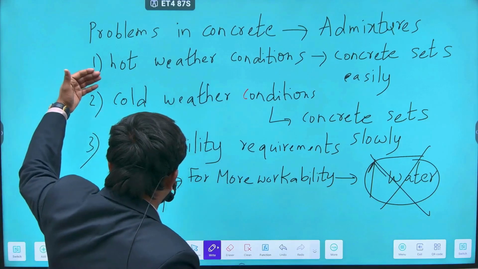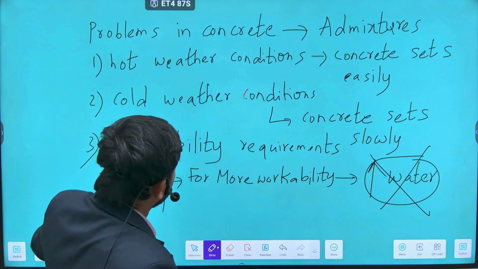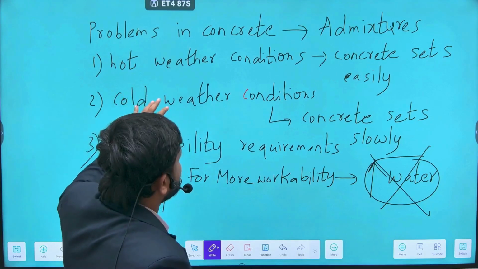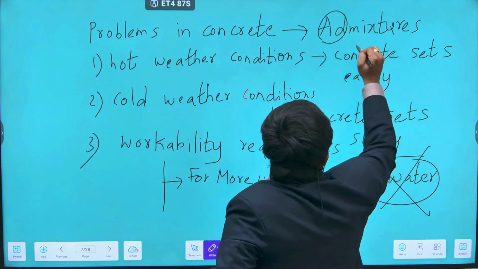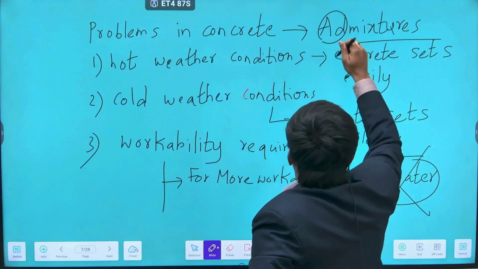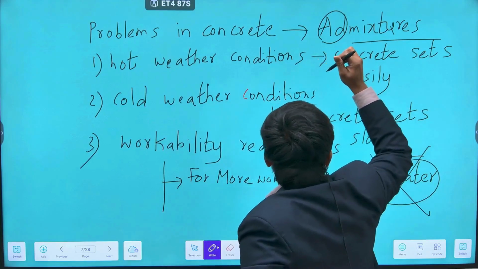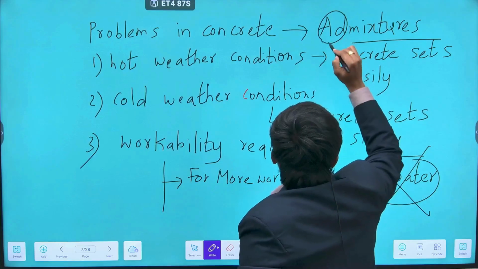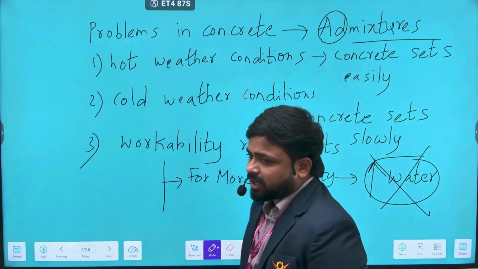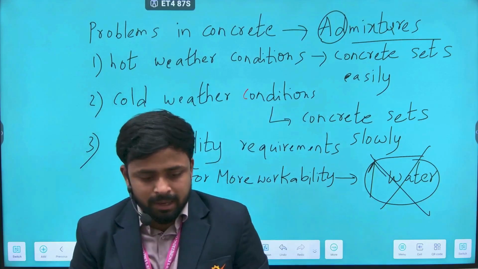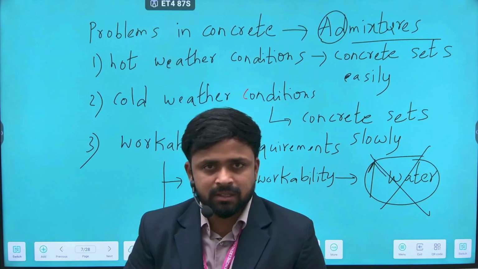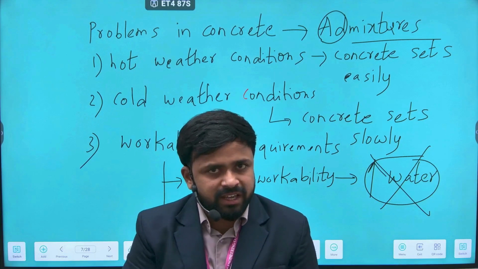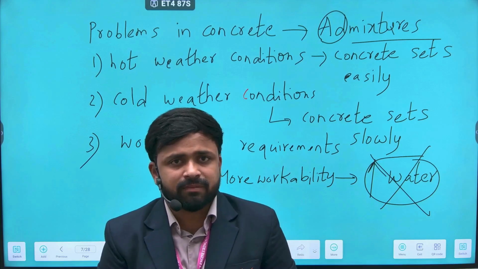So these are the three major problems, and these are the problems which lead us to require something addition to the mixture, one more agent. Why? Because we cannot change the basic ingredients. Basic ingredients are nothing but fine aggregate, coarse aggregate, cement and water. We cannot change these ingredients.